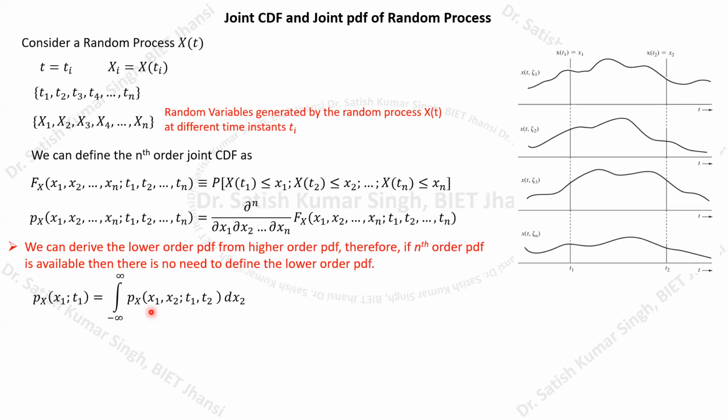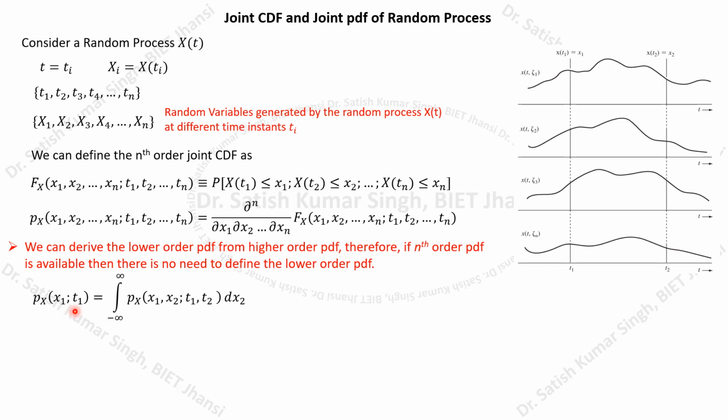If we have this second order joint PDF and we do this integration from minus infinity to infinity with respect to dx2, then from this integration we will be able to get the first order PDF. That value will be px x1 comma t1. It is a similar way to what I explained in the case of random variables about the marginal density functions.